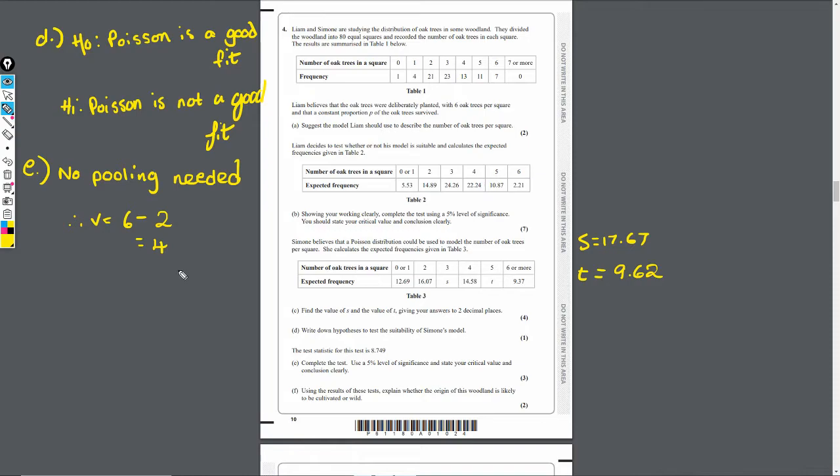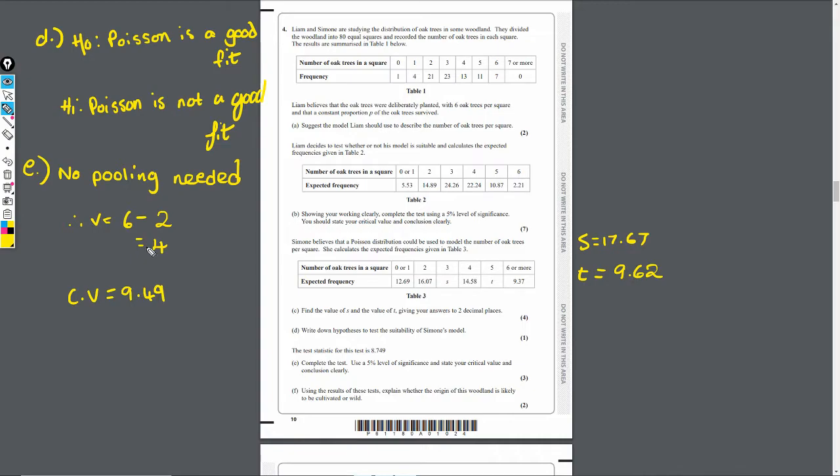Again, we're going to use page 36, because I just need a critical value now to compare this test statistic to. At a 5% significance level, so 0.05, go across from 4, and you get 9.49.